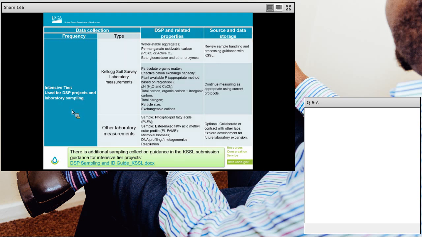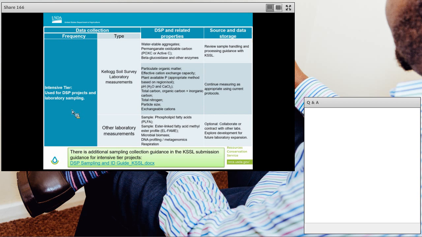This is the data that we want to collect really anytime there's KSSL submission, but also with any really specific, really intensive data collection. So the idea is there's a certain way to collect these samples, which includes taking slightly shallower samples, more replication, measuring all of these samples.